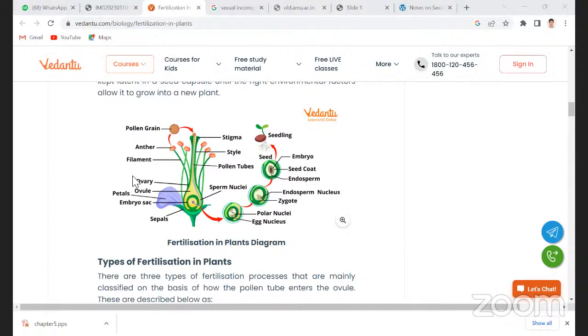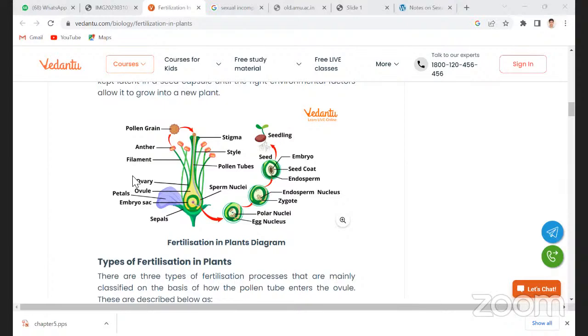And also the entry of pollen tube into the embryo sac, before that the entry of pollen tube into the ovule, right? Here, entry of pollen tube into the embryo sac has three points. First, between the wall of the embryo sac and one of the synergids.